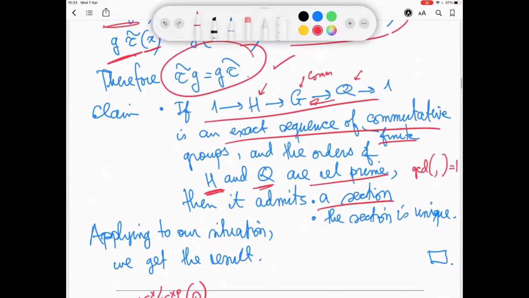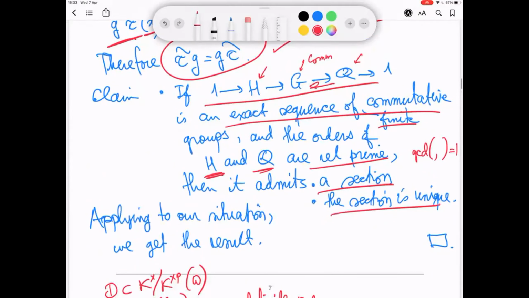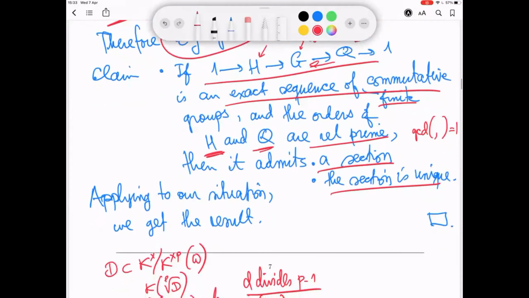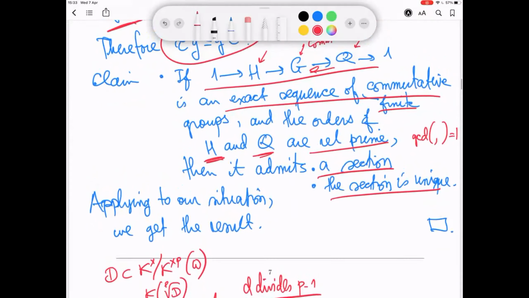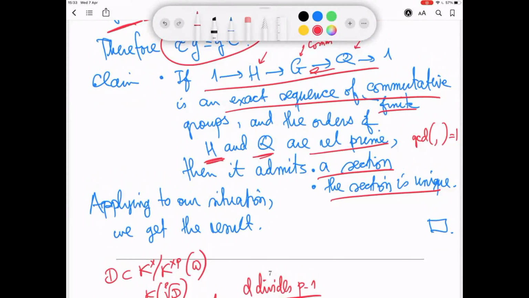Not only does it admit a section, it admits a unique section. What it means basically is that G is equal to H times Q. That's all.